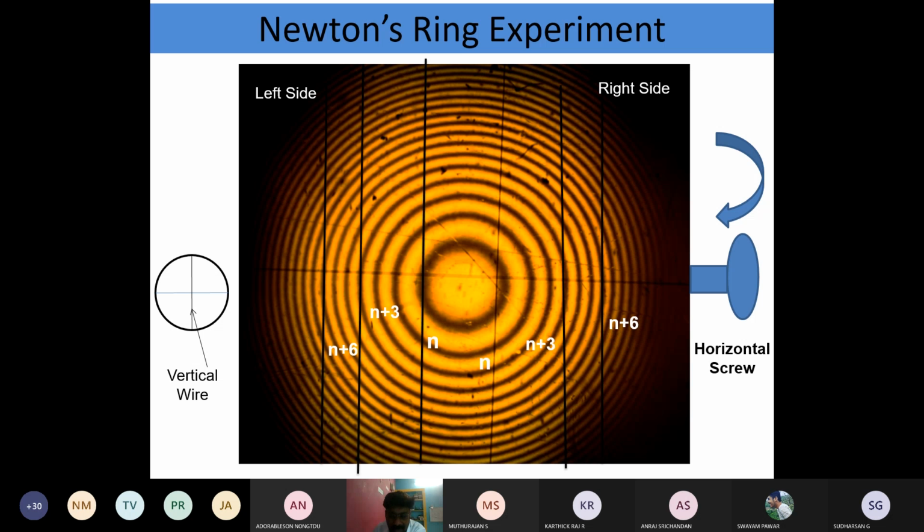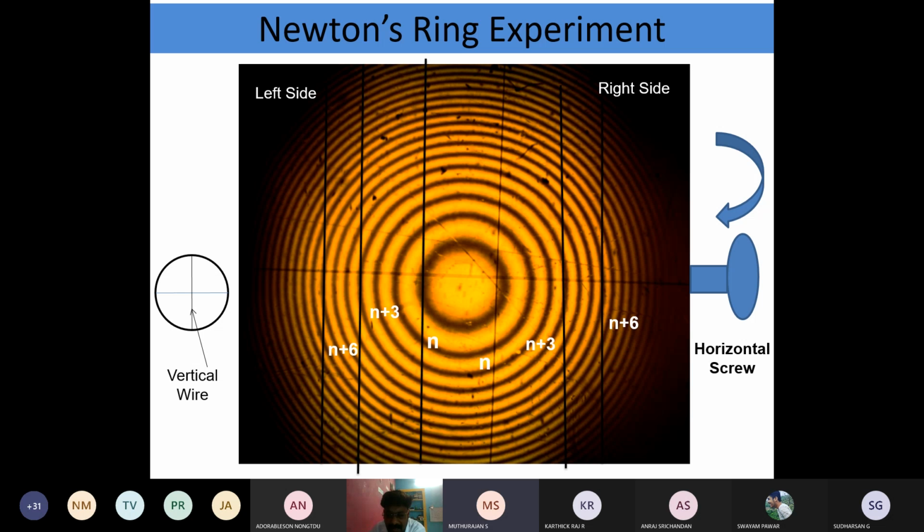After measuring the first value N, rotate the microscope horizontal screw and bring the vertical wire to the third position of the ring. Once the first value is N, for N plus 3, the second one is 1, the third is 2, and the fourth is 3.